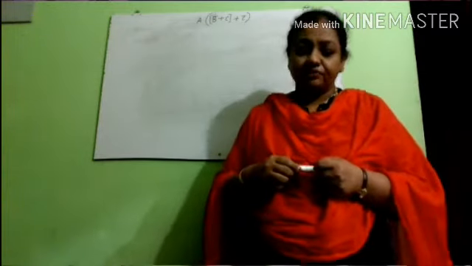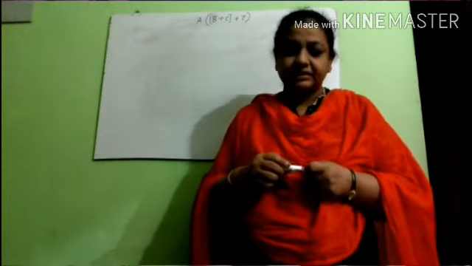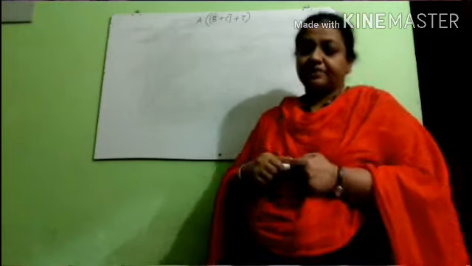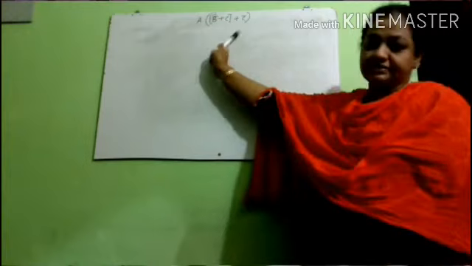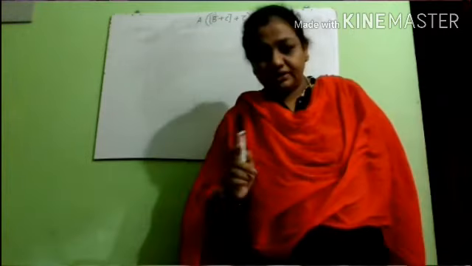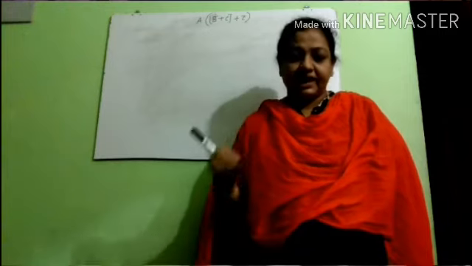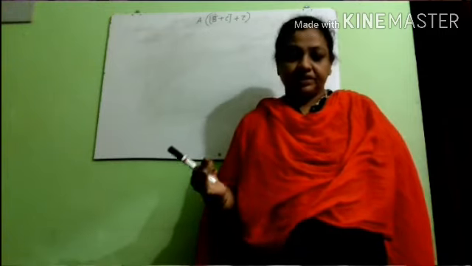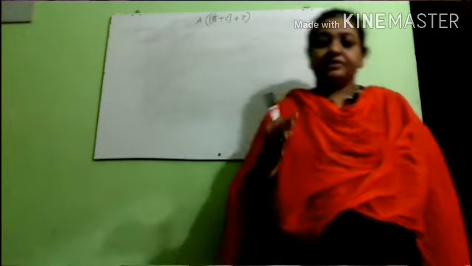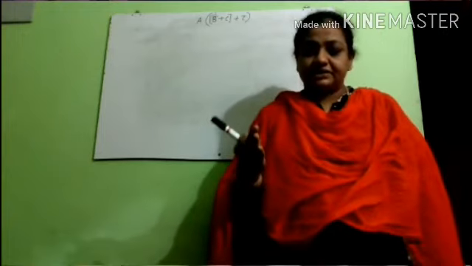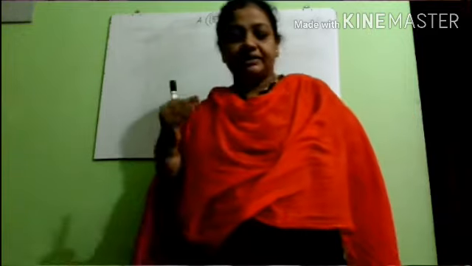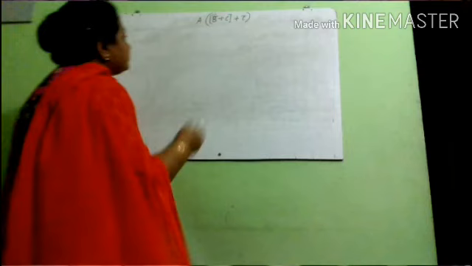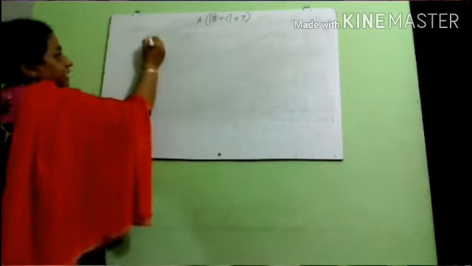So the next Boolean expression for which we will be drawing the truth table here is A ANDed with (B bar plus C plus C bar), that is A (B bar plus C) plus C bar.